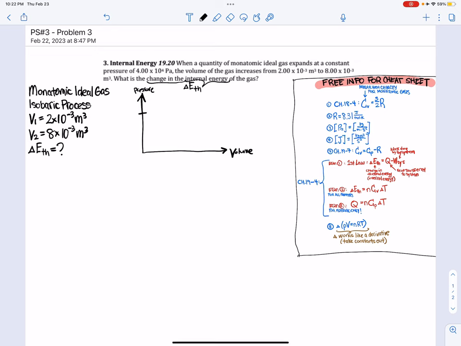Oh, I didn't write that down, but I have constant pressure, so initial P is equal to final P, and we'll call that P, and that is 4.00 times 10 to the 4th Pascal, okay? That's also a given. So these are my givens.